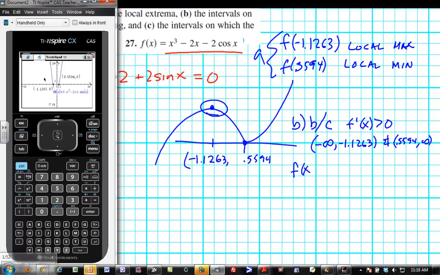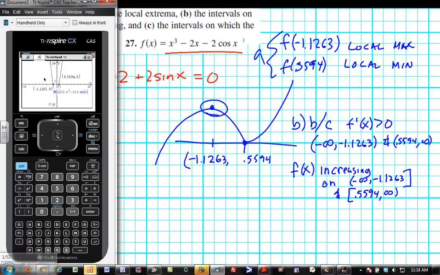If the function has a positive derivative in these two intervals, then f of x is increasing on the intervals from negative infinity to negative 1.1263 closed, and from closed 0.5594 to positive infinity.